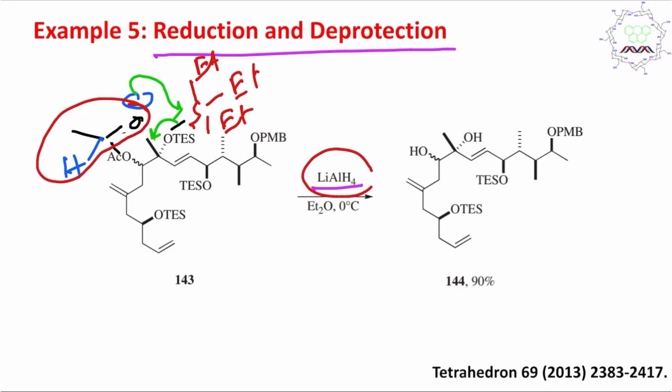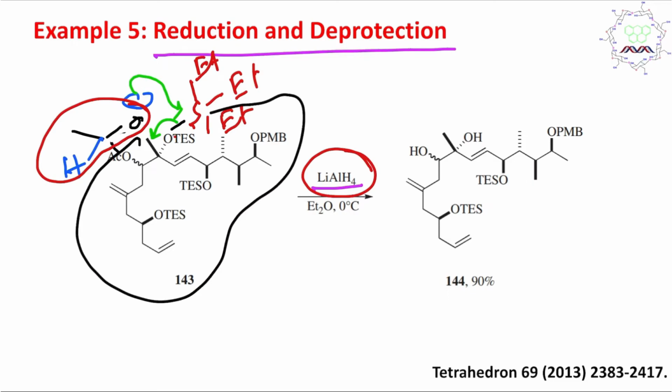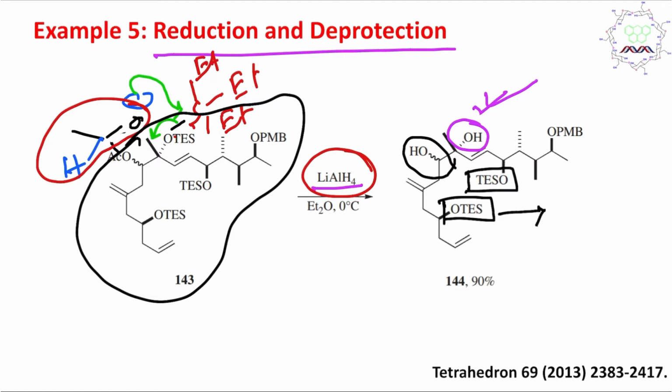We know lithium aluminum hydride finally converts an ester into an alcohol, so this organic part will become the alcohol. But because of this intramolecular reaction, this hydroxyl was deprotected. So you can see this hydroxyl deprotection, whereas the other TES, triethylsilyl, is intact, and here also it is intact. So this is actually an intramolecular reaction, or you may say a neighboring group participation type reaction.